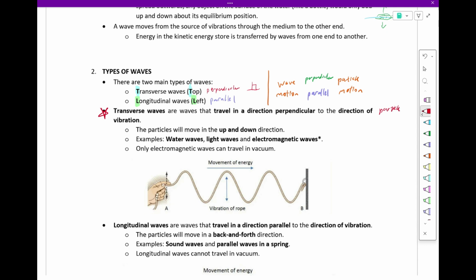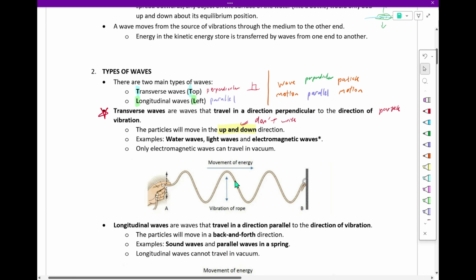So this one is up and down, right? Don't write this. Because you're already in upper secondary, nobody writes up and down, left and right. Why? Because up and down is very relative. If you look at the setup below, this direction is up and down.